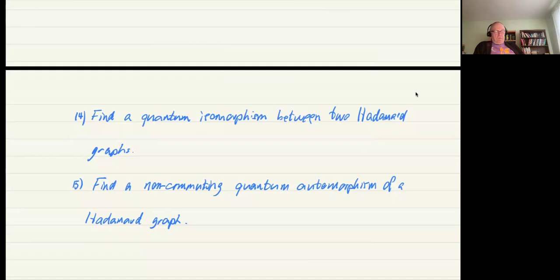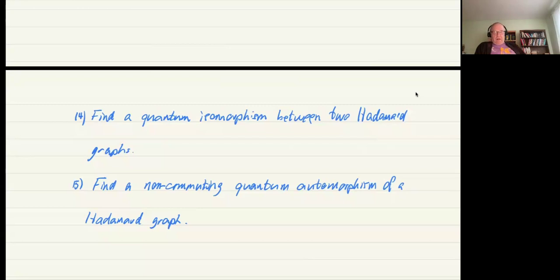I'm not asking you to. In fact, I'm not even asking for a result which says, given a pair of Hadamard graphs, here is the quantum isomorphism from one to the other. I am just asking for a pair of Hadamard graphs with a quantum isomorphism. Of course, if you do that, I'm going to ask you the other question next. But we do not have an example of a quantum isomorphism between two Hadamard graphs, and they're all quantum isomorphic.